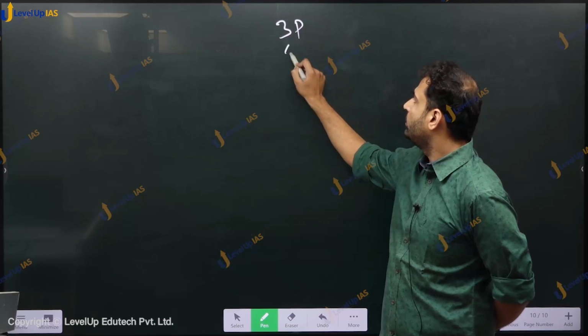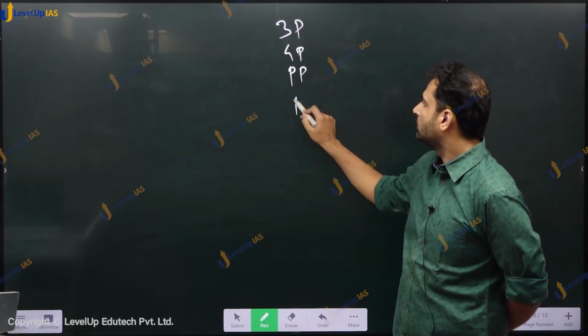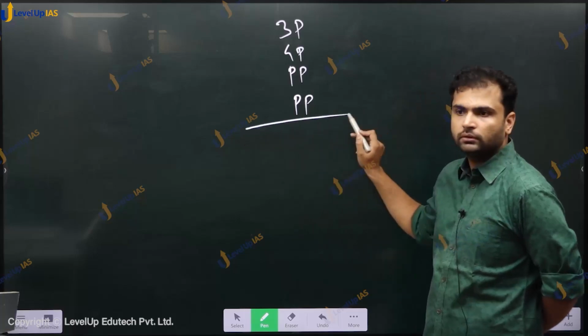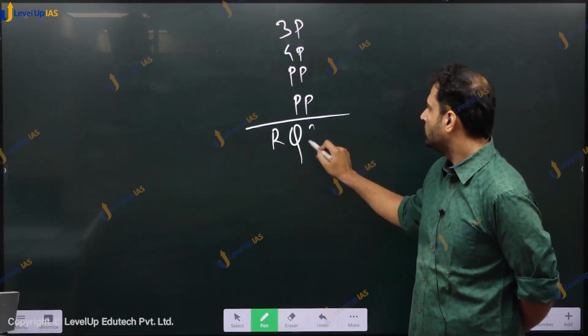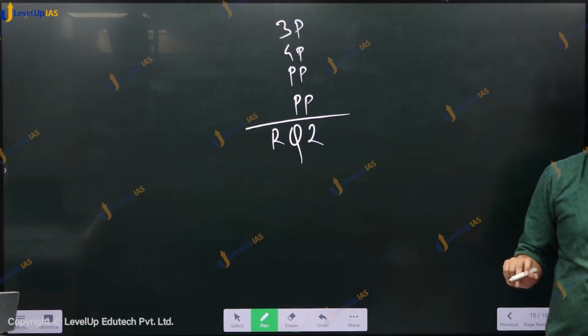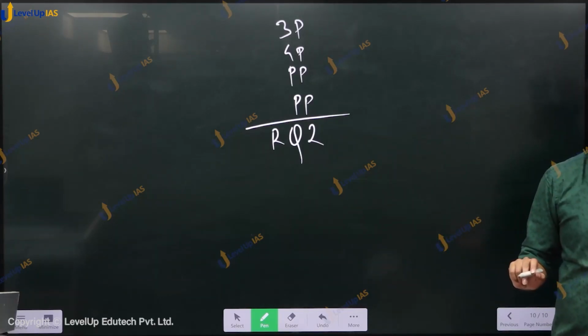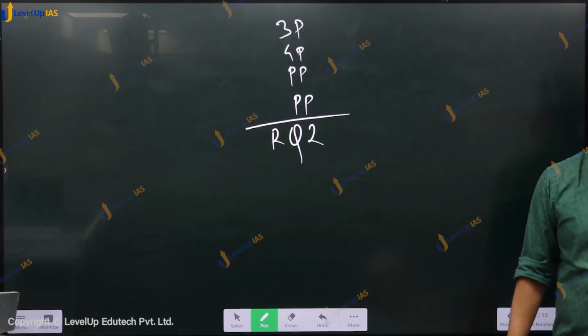3p plus 4p are, and question is find average ना. PQR are different. क्वेश्चन क्या है?